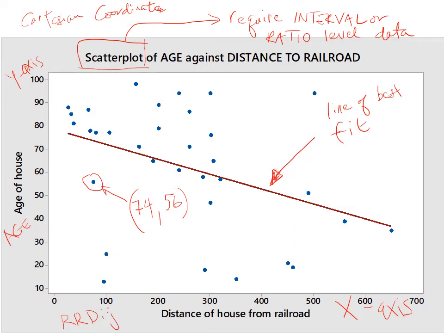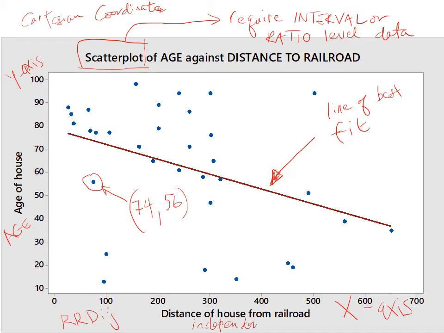What the entire picture tells us is that in general, as houses are further away from the railroad, they tend to be younger or newer houses. I've also set up this scatter plot so that the x-axis has what I suspect is the causal or independent variable.